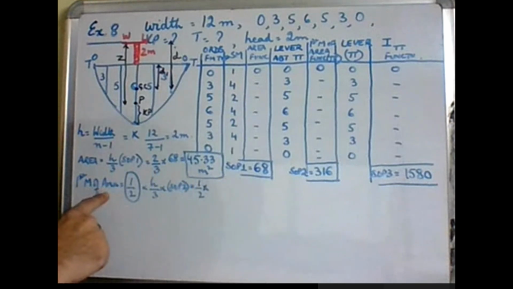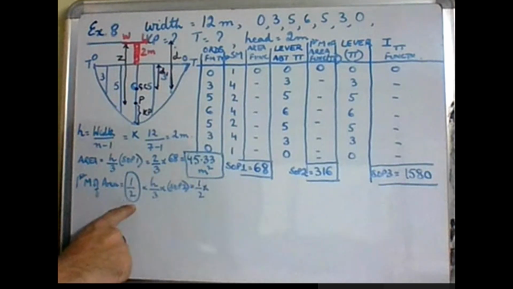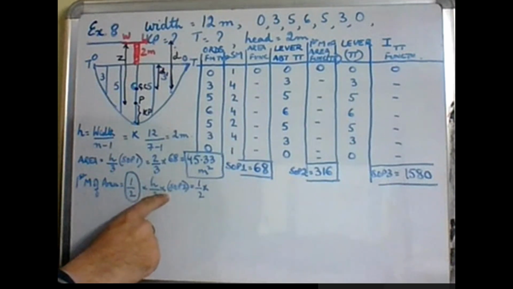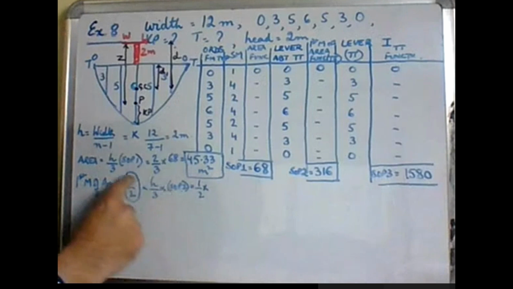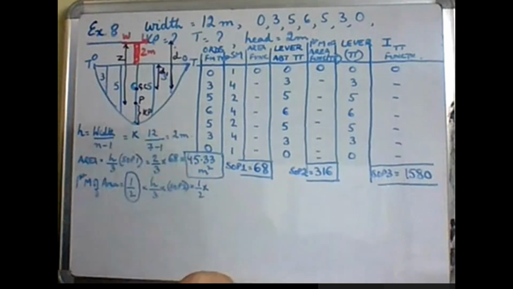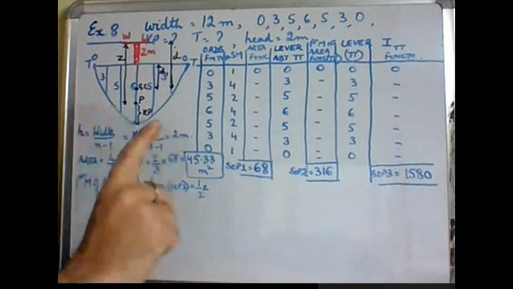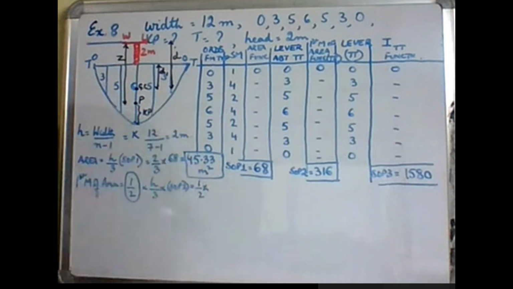First moment of area, half is a constant in vertical ordinates. So first moment of area is half into H by 3 into SOP2. This half is a constant, it will always remain. In vertical ordinates, not in horizontal ordinates.